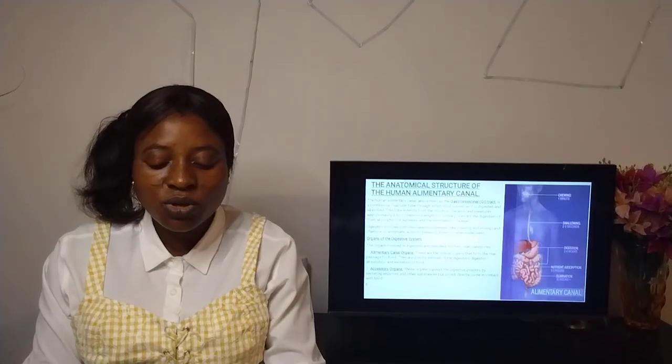The anatomical structure of the human alimentary canal. The human alimentary canal, also known as the gastrointestinal tract, is a continuous muscular tube through which food passes as it is digested and absorbed. This tube extends from the mouth to the anus and measures approximately 8 to 10 meters in length.